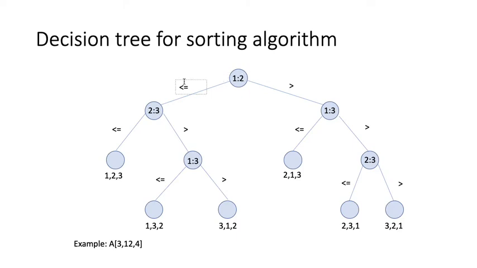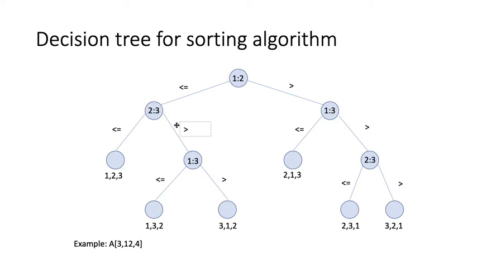Also, you can notice that all the edges are marked with relational operators. So what does that mean? It means that in order to reach this node, you need to make sure that your first element is less than or equal to the second element. That's the only way you could reach this node, right?